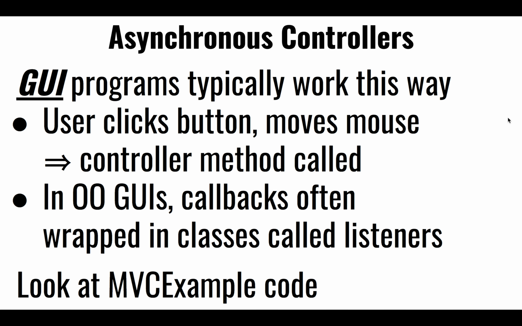GUIs are a very common implementation of this strategy, that try to decouple this low bandwidth interaction of the user from this high bandwidth conversion from the analog world to some digital world. And we have this buffering, this conversion between the two. So yes, GUI is the most common example of asynchronous controllers.